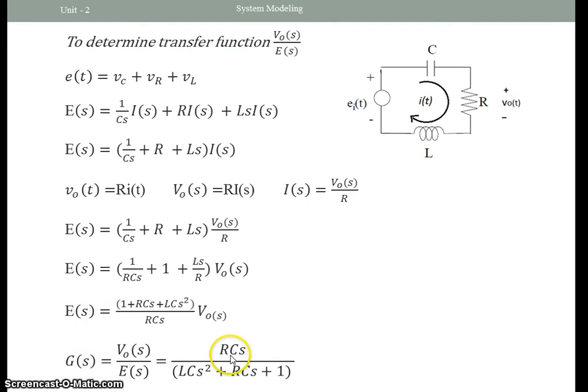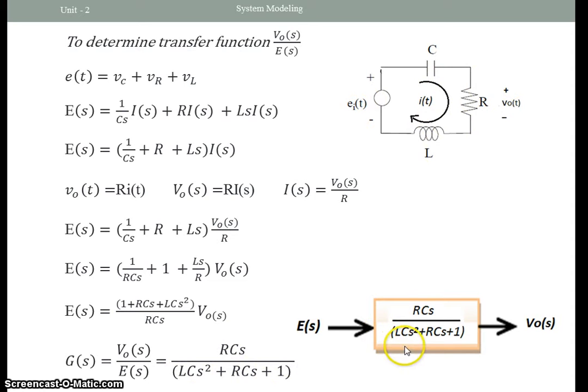It will now be equal to the reciprocal of this, so we have RCs all over LCs squared plus RCs plus 1 as the transfer function of this circuit in terms of V out and E of s, and this will be the equivalent block diagram representing the electrical circuit given.